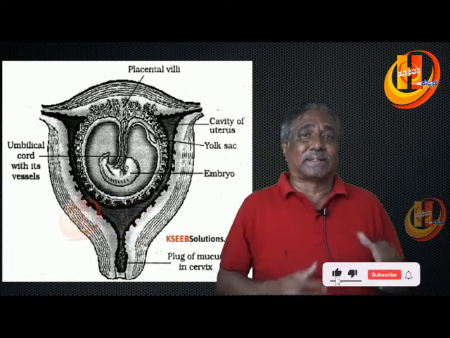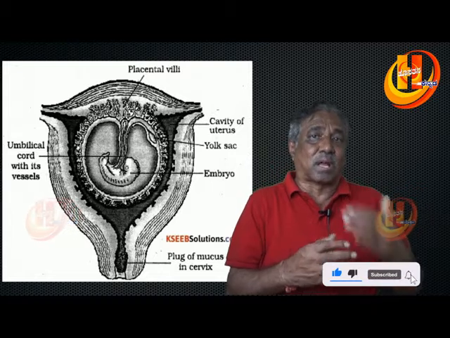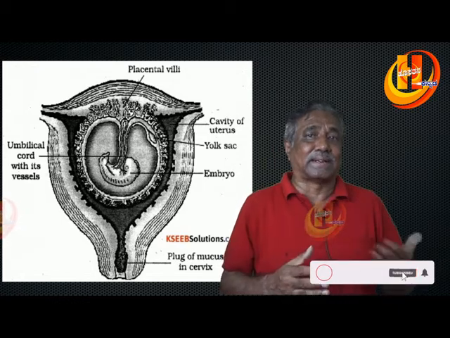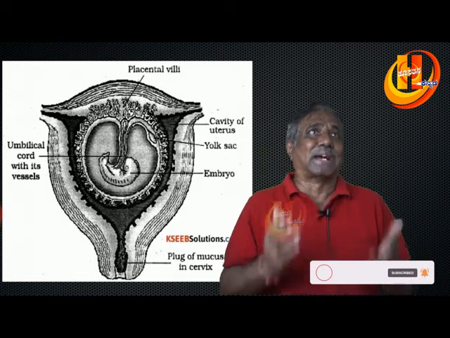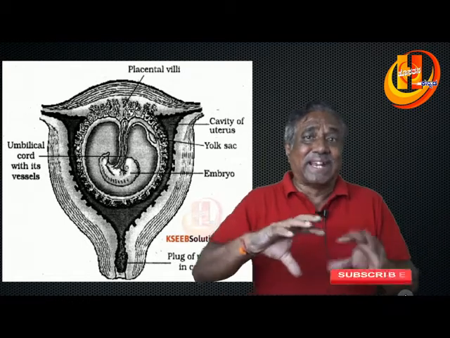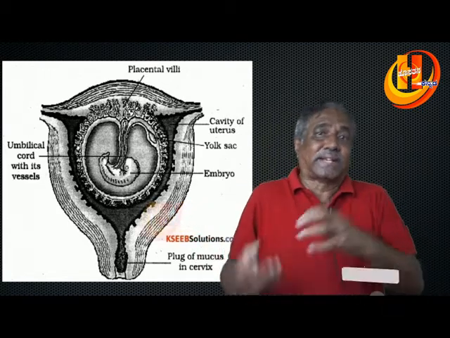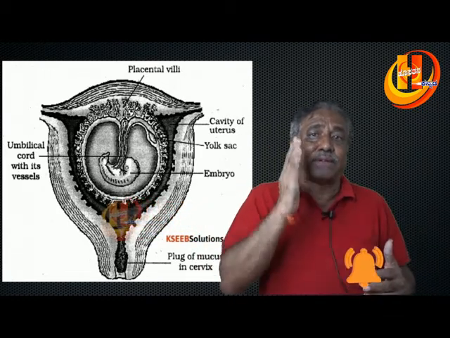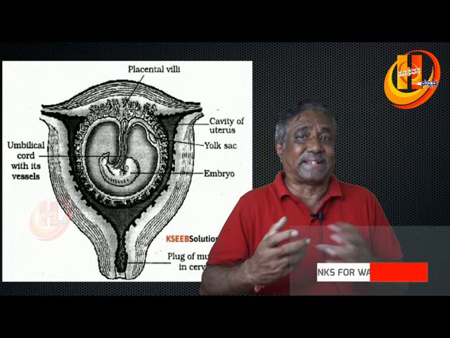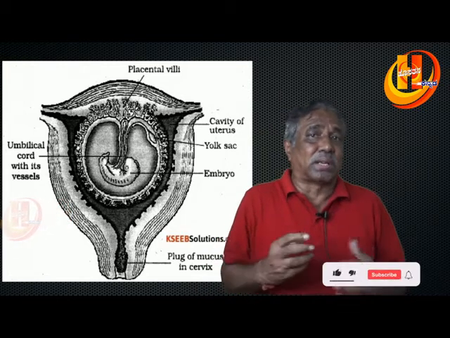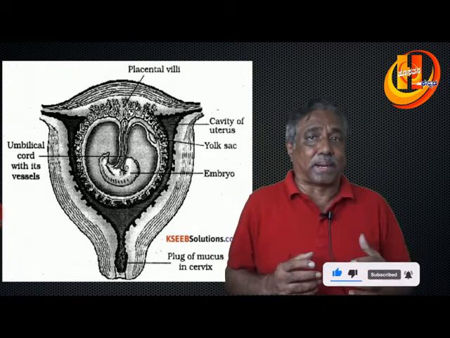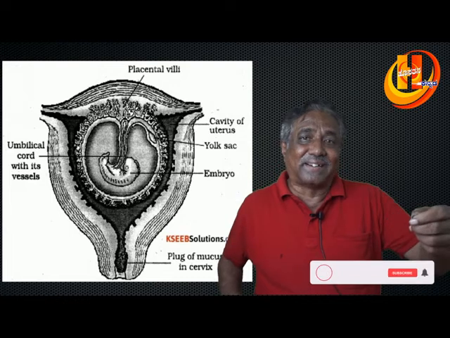Here, the chorionic villi of the trophoblast invade the uterine tissue, and the chorionic villi and uterine tissue interlock to form a structural and functional unit called the placenta. The placenta establishes a connection between the developing fetus and the maternal body through the umbilical cord.